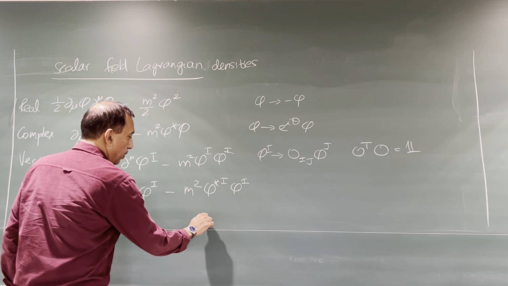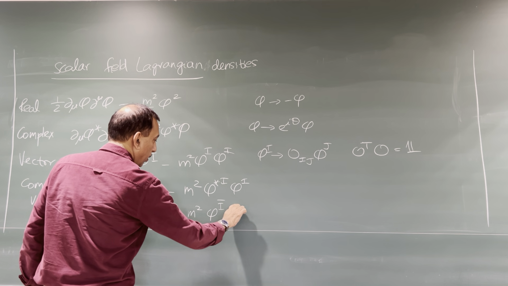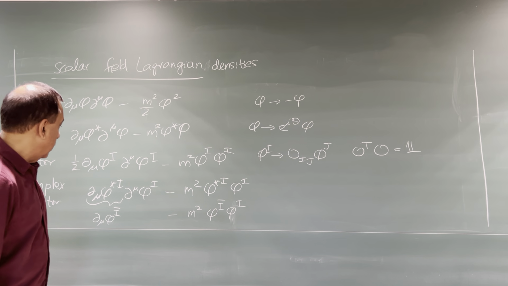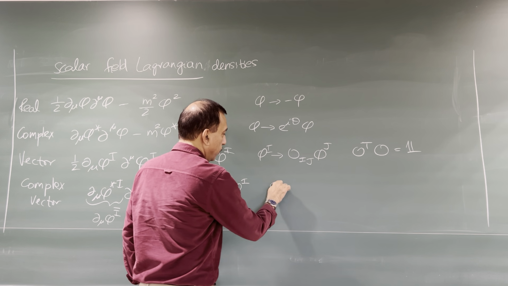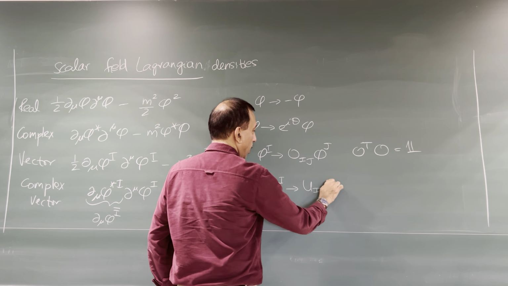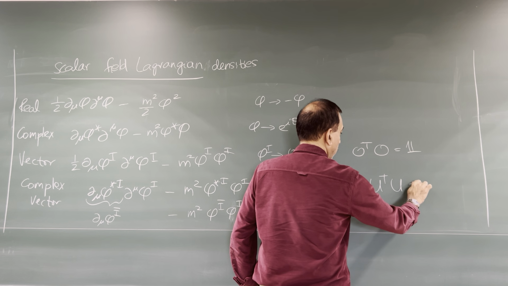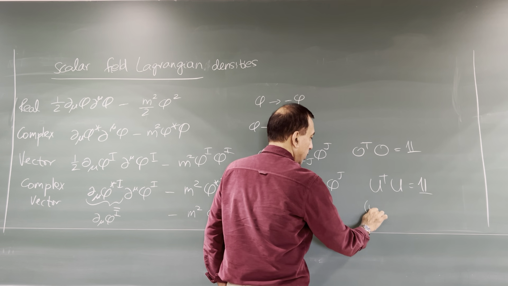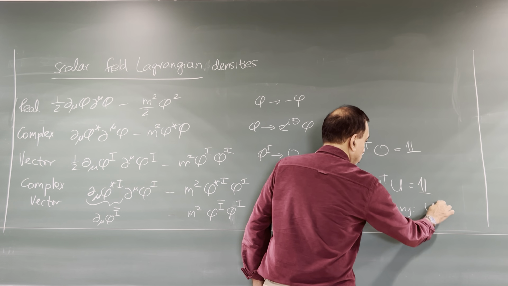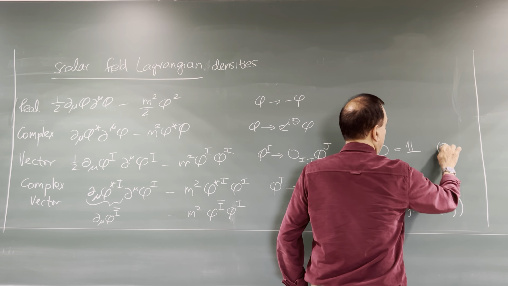Okay, and so this becomes m squared phi_i bar phi_i. And in this case, the symmetry is phi_i goes to U_ij phi_j, where U dagger U equals 1, and this is the unitary group U(n), and this is of course O(n).